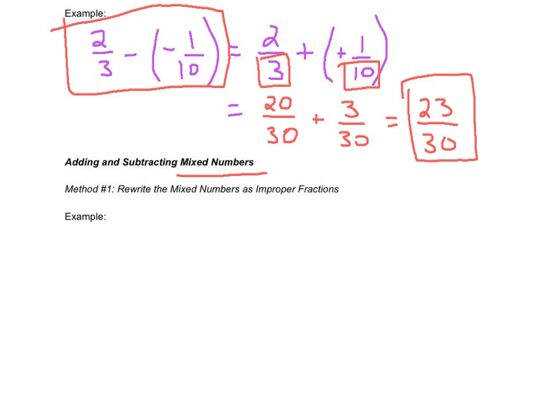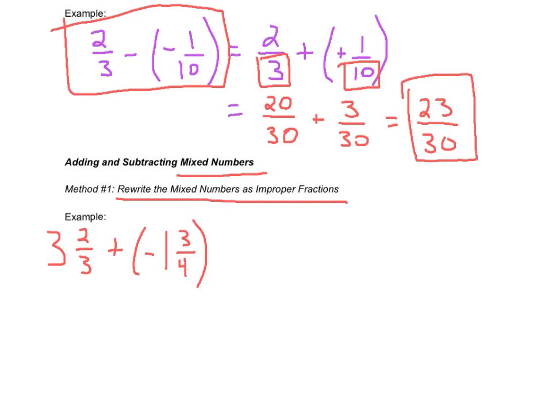This would be if we had an example such as 3 and 2/3, and we'll add that to a -1 and 3/4.